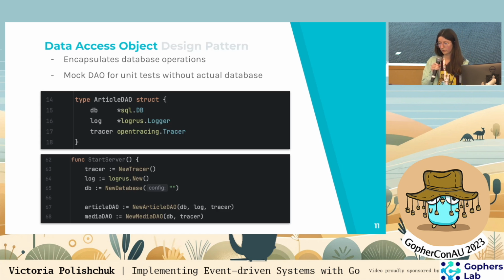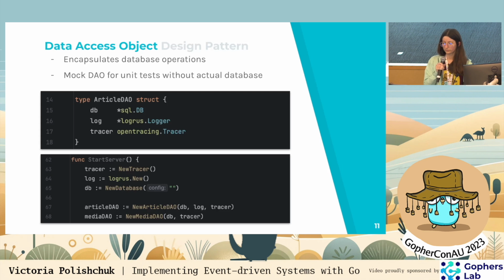And we'll also pass logging and tracing. And the next line after that, we have a media DAO. In media DAO, we are only passing a database and tracing, because we are not going to be using logging. So in this case, we are only providing what is necessary for this DAO.